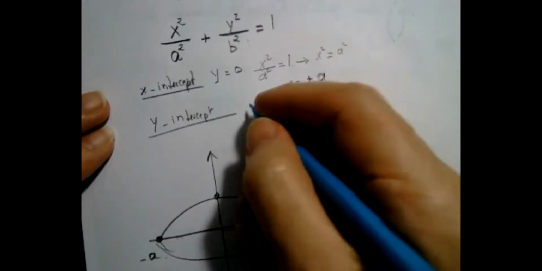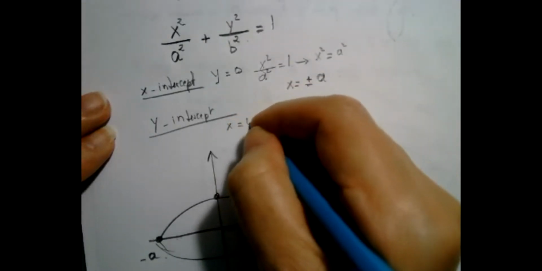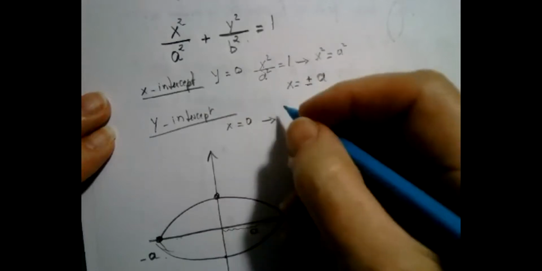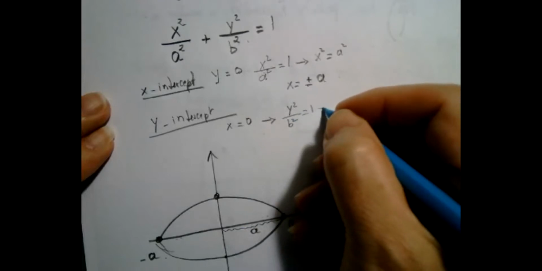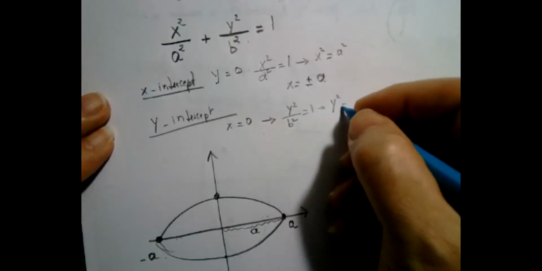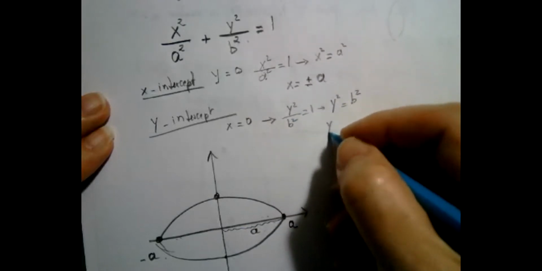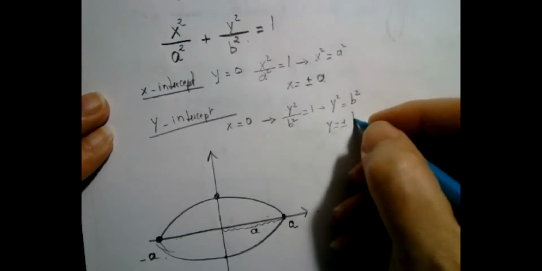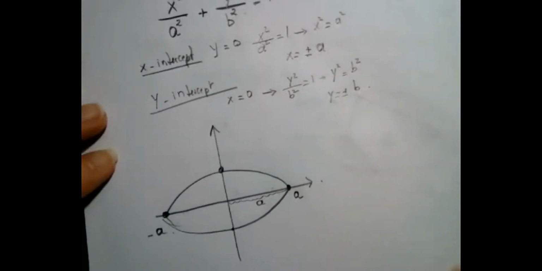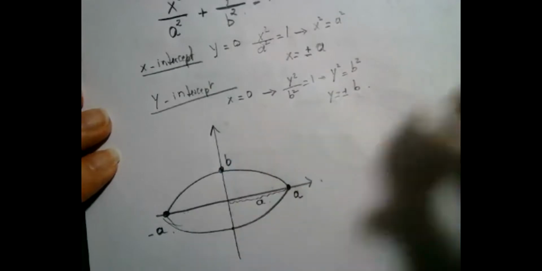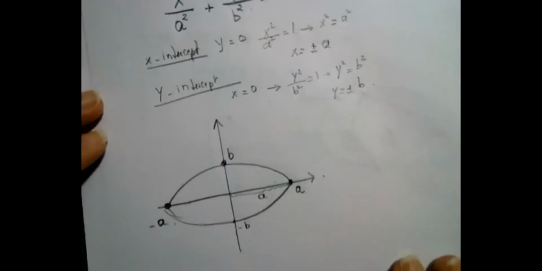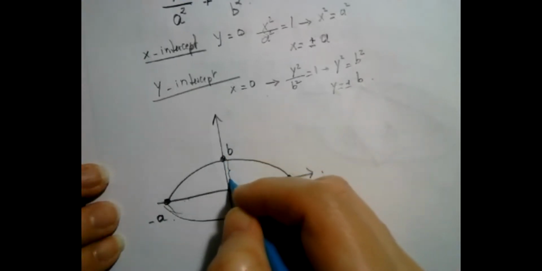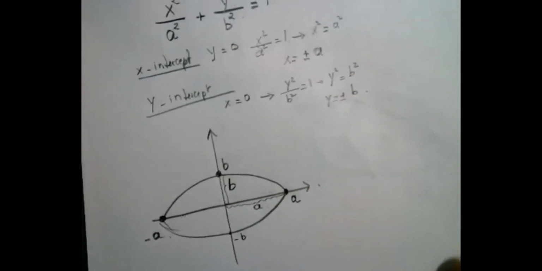To find the y-intercept, we put x equal to 0. If x is 0, I have y squared over b squared equals 1, so y squared equals b squared. It means y is plus or minus b. On the graph, this is b and this is minus b. From here to here, this is b.